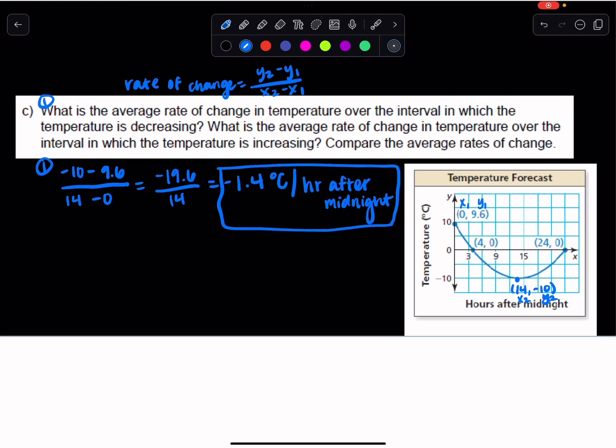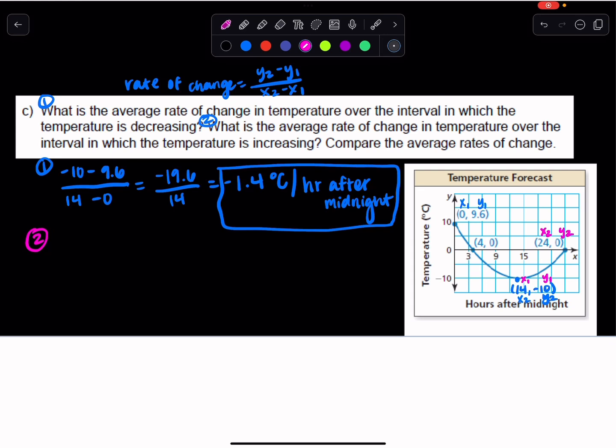Okay, and then it says, what is the average rate of change in temperature over the interval in which the temperature is increasing? So just looking at the right side of my graph here. Now I'll use a different color, I'll use pink. This will be x1, y1, and this will be x2, y2. So I'm plugging that in.